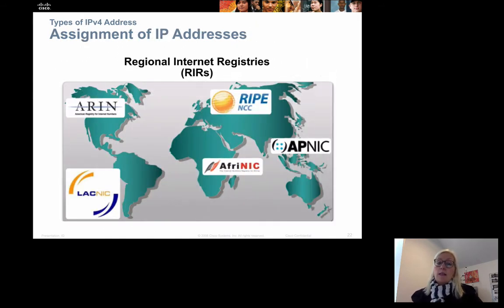On the internet, it is of course important that we don't use the same IP address again, because the IP addresses on the internet need to be unique. That is why we have different local authorities that keep track of available IP addresses.